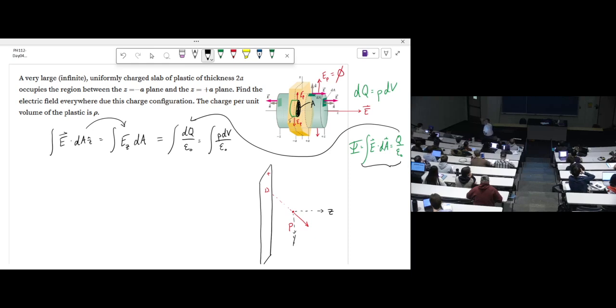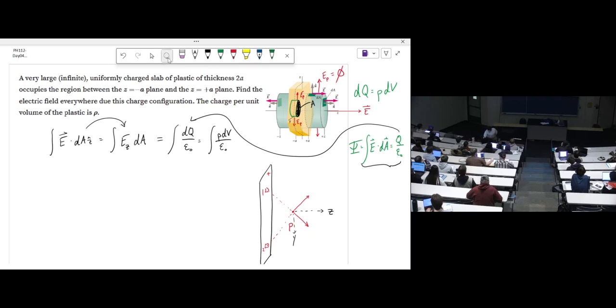Because no matter what point I choose on the plane, let's call this point 1 on the plane, I can choose a point 2 on the plane down here such that I get this, and the electric field at that one is going to be in this direction, up and to the right.